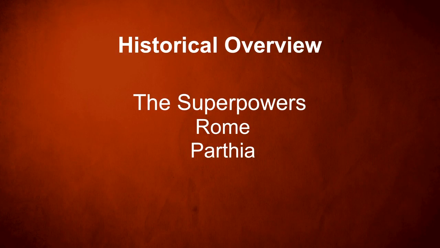But the other power was to the east of Palestine, and that was Parthia. Now we don't hear much about Parthia in the New Testament, but it informs so much of what's going on because Palestine is on the frontier between the superpower Rome on the one hand and the superpower Parthia on the other.